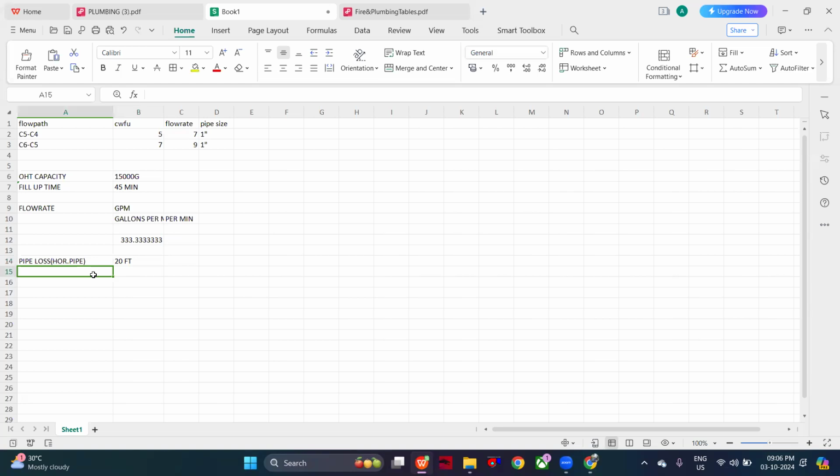For a 20 feet pipe, I already told you, 5 psi happens per 100 feet of pipe. Then how do we find the psi for 20 feet?